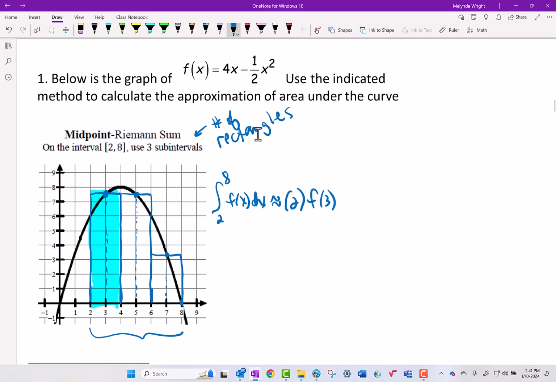Plus. Okay, that's my first rectangle. My second rectangle is also 2 spaces wide, and the height of it is determined by f of 5. My third rectangle is also 2 spaces wide, and they don't always have to look like this. I'm just saying these do. They're all the same width. And the height of my third rectangle is determined by f of 7.